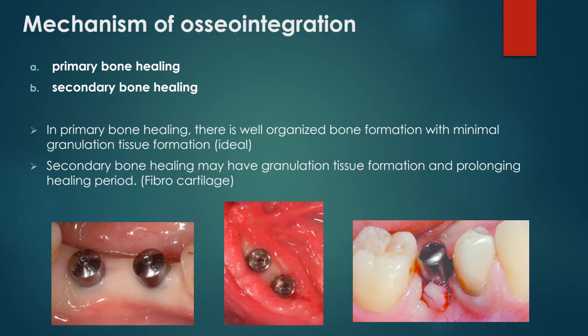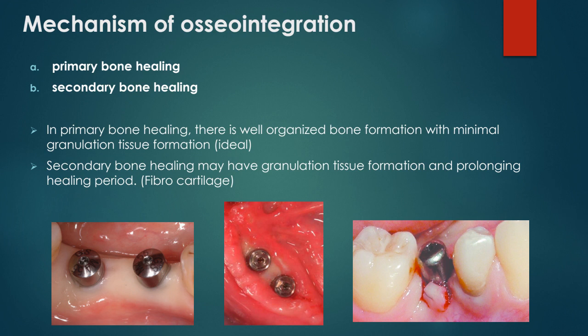When we place implants, we create osteotomies to place these implants, and then comes bone healing. We have two types of healing, either primary or secondary. Primary means there is well organized bone formation with minimal granulation tissue.